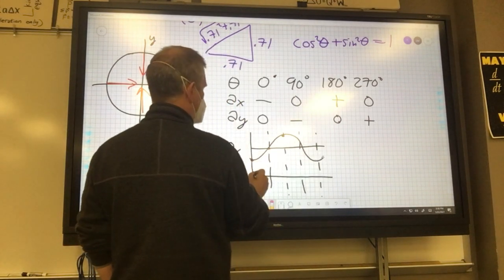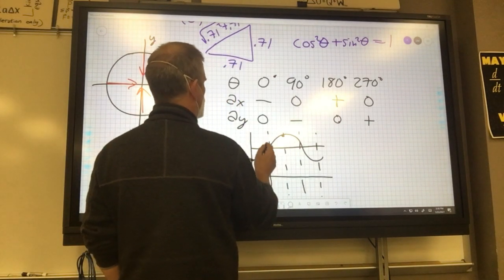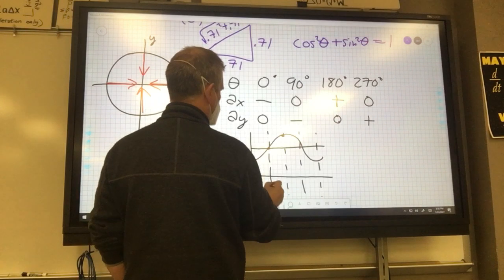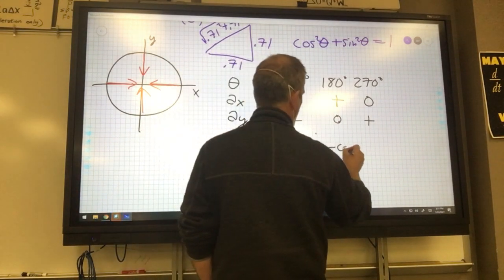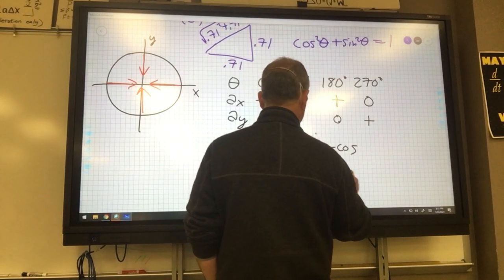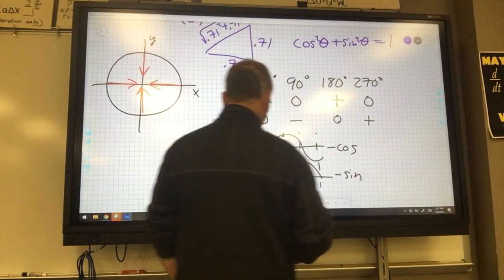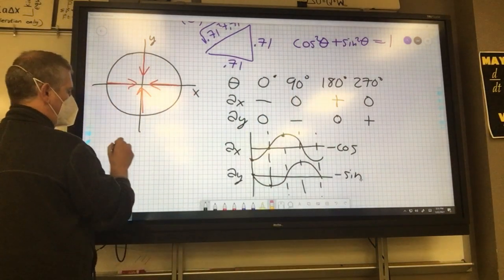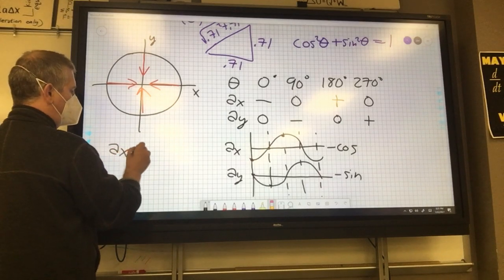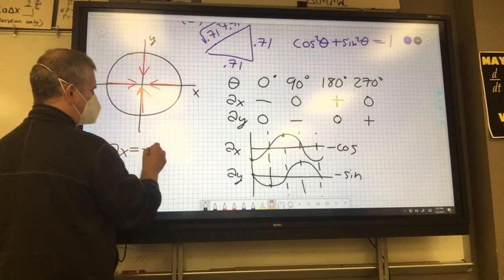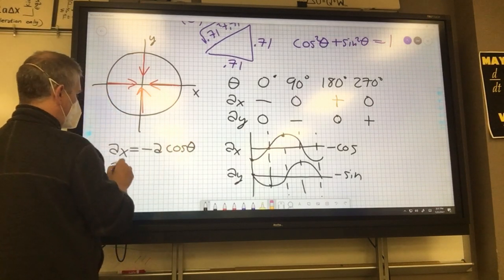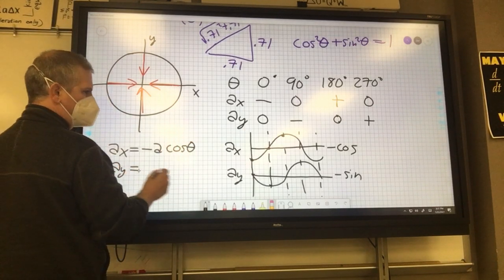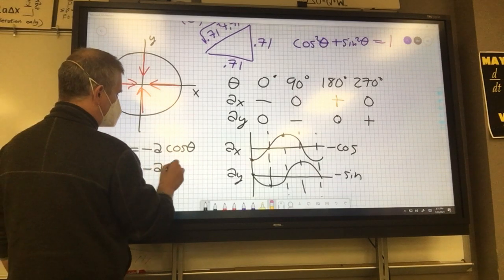And here I get 0, negative. So that looks like a negative cosine graph, and that looks like a negative sine graph. Which means a_x equals the acceleration of the object times negative cosine of theta, and the y component equals negative a sine theta.